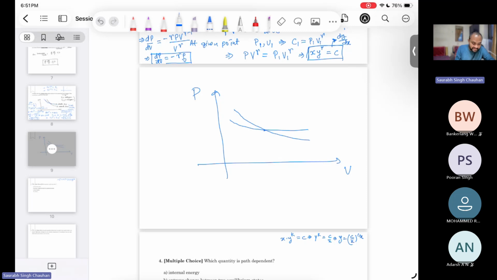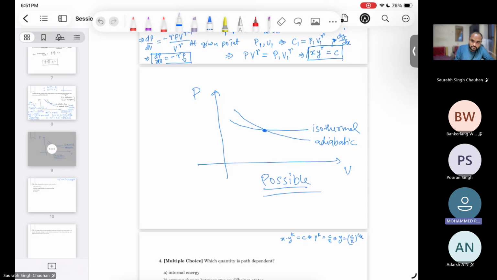Adiabatic and isothermal, they can intersect. So this is, let us say, isothermal, and this is adiabatic. They can intersect each other, but through one given point, only one adiabatic curve can pass. Through one given point, only one isothermal curve can pass. This is possible. Correct?